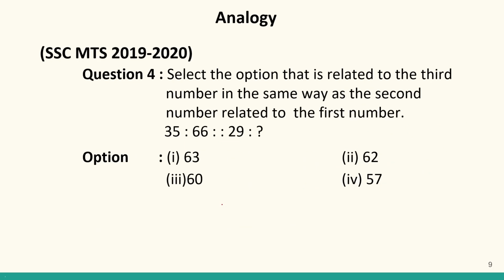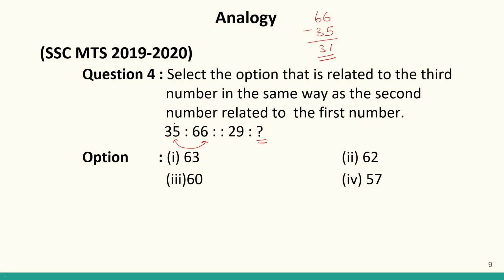Now, this question. 35 is somehow related to 66 and we have to find out how 29 is related to this missing element. So here I can see if I multiply it by 2, I'll get 70, right? But this is 66. So maybe if I find the difference, 66 minus 35, this will give me 31.